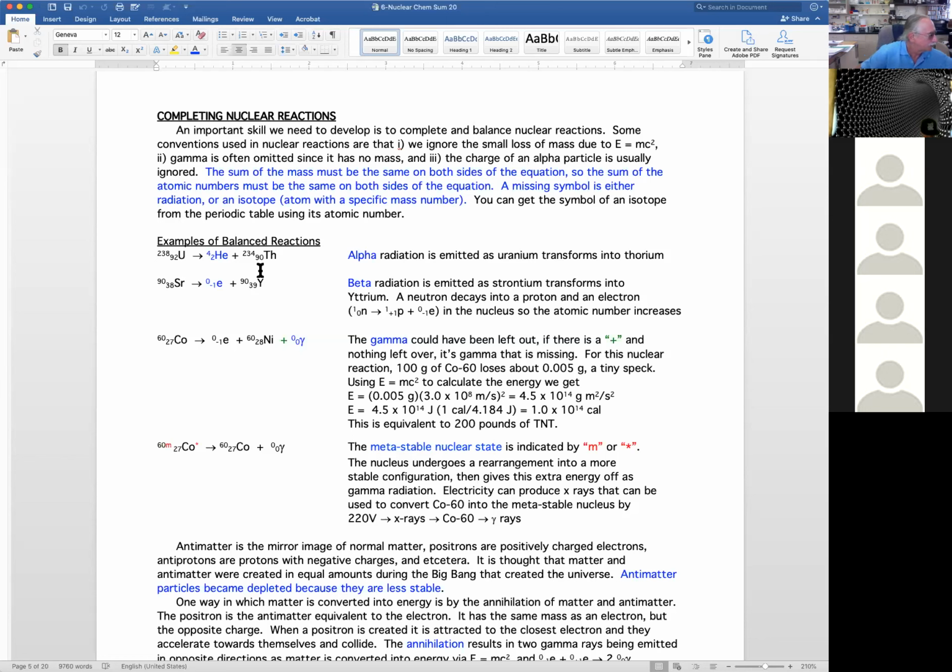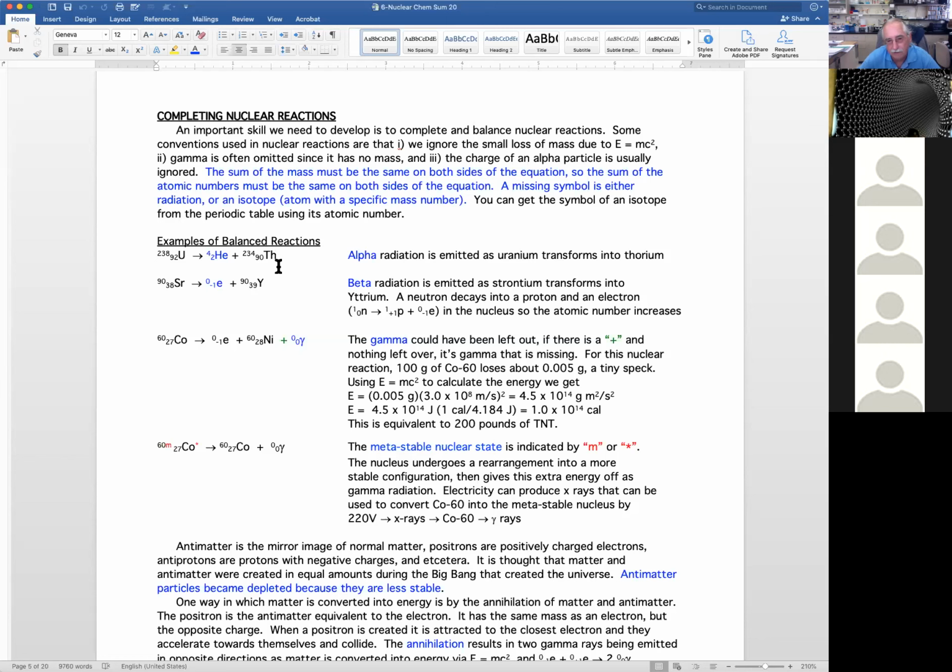So then I go to the periodic table, and what is the element with 90 protons? Well, it's going to be thorium, right? So now I know that this is 90. I know that this is thorium. Now I have to get the mass numbers to work out. So 238 is equal to 4 plus 234.